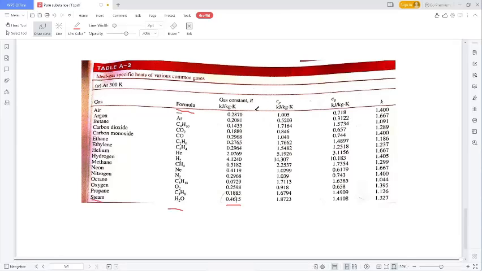But if you multiply it by kg, you will get the universal gas constant, which is the same whether it is air, argon, steam, propane or oxygen, if you multiply it by their own mass.